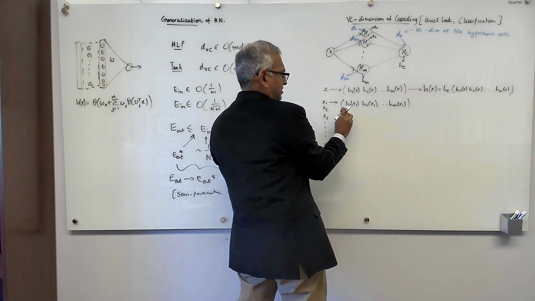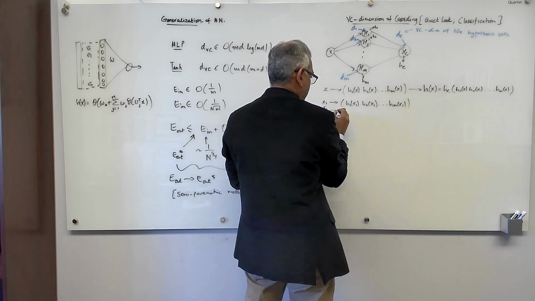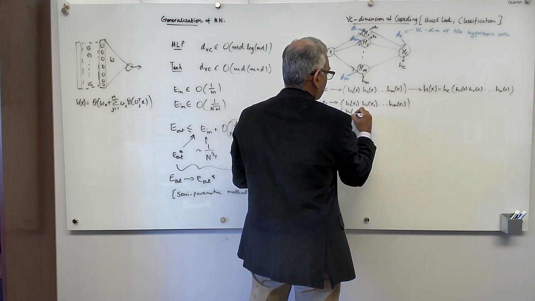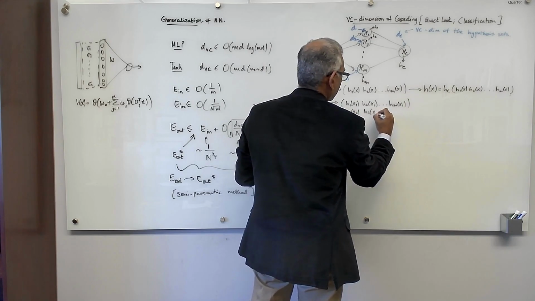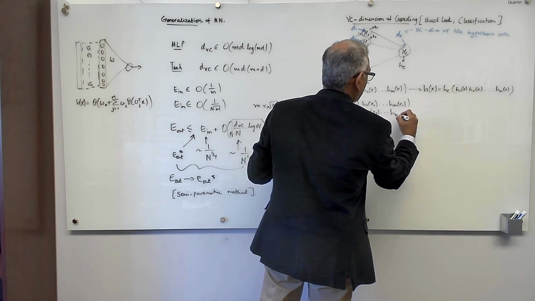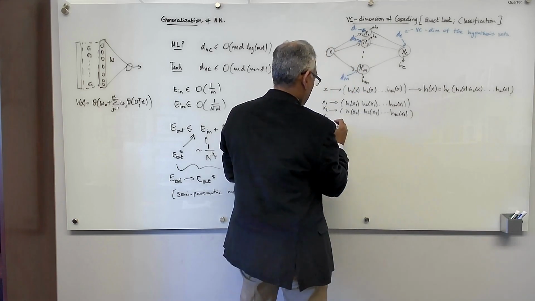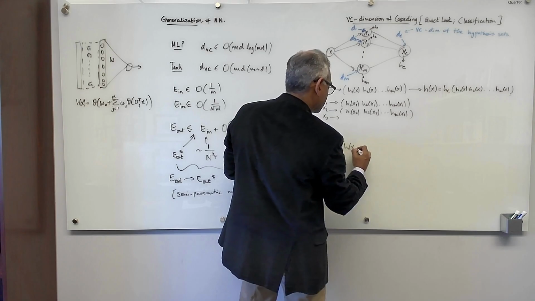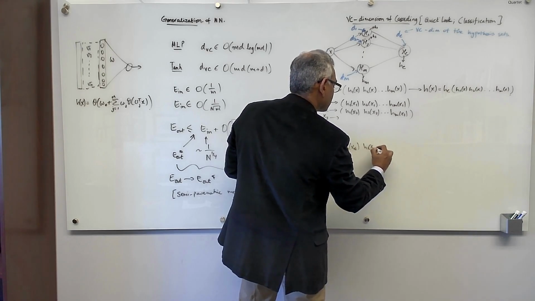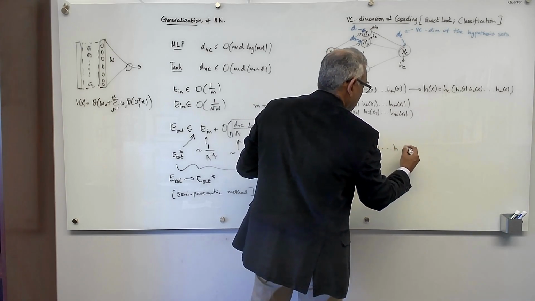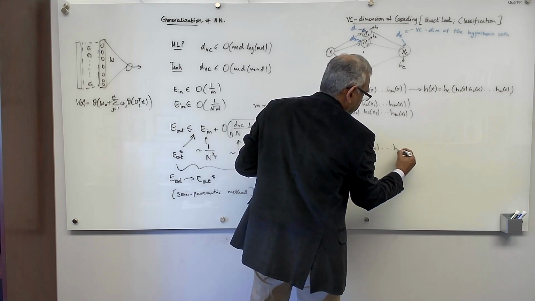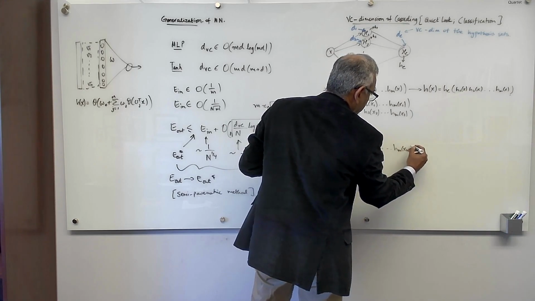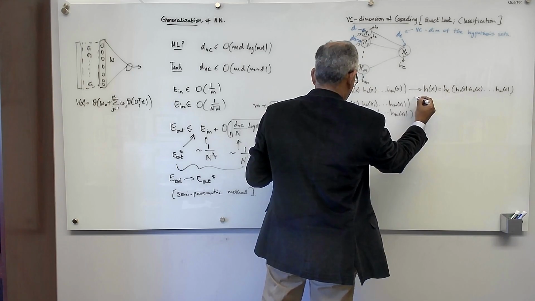You can think of this as transforming x1 to a vector. x2 is going to get transformed to h1 of x2, h2 of x2, and so on up to hm of x2. And so on up to h1 of xn, h2 of xn, and so on up to hm of xn.